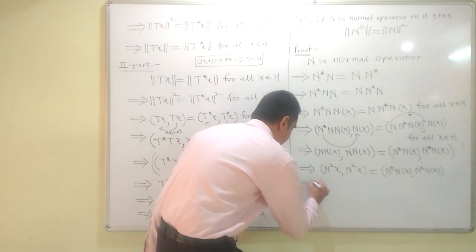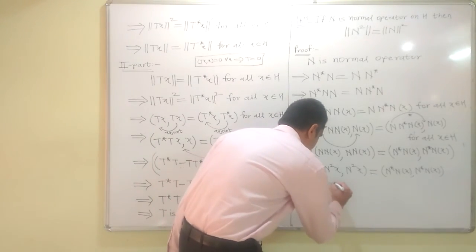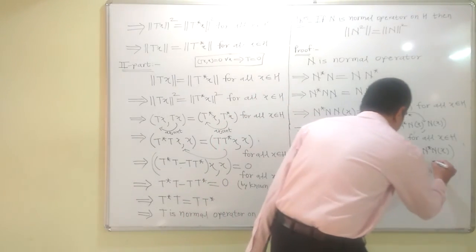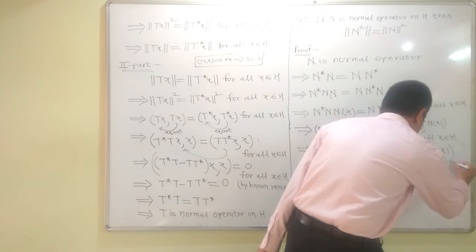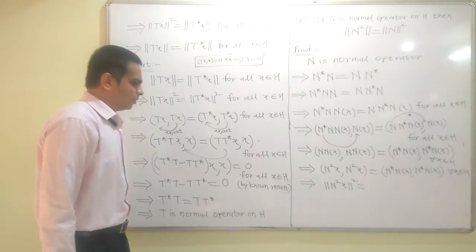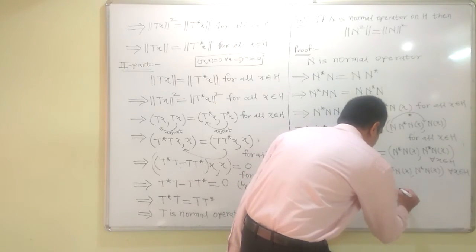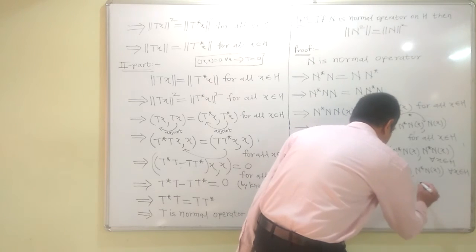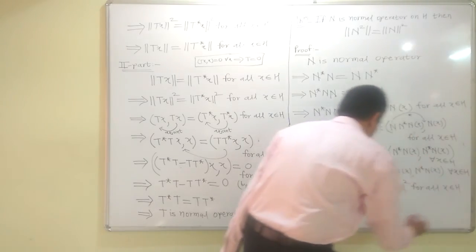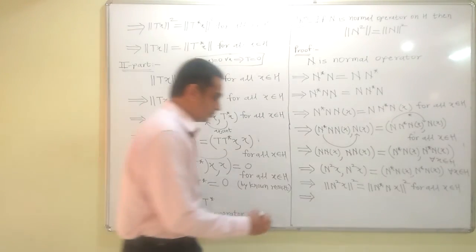So this implies that norm of N²x squared is equal to norm of N*Nx squared, and note that this holds for every x belongs to H. Let me take the square root first.